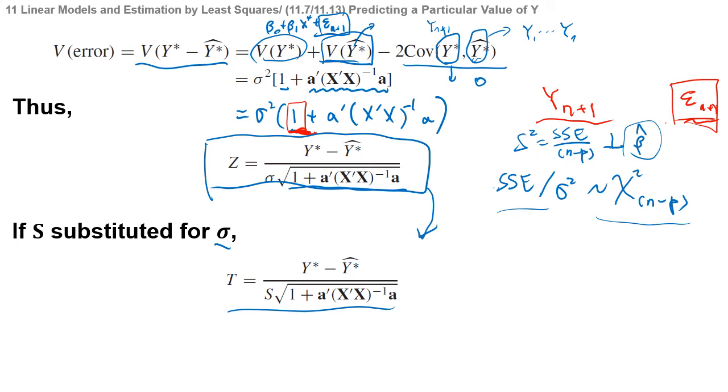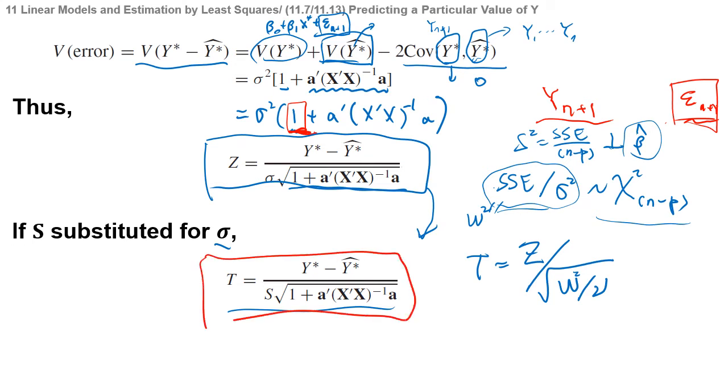And so if you calculate your t as z divided by the square root of w square divided by nu, and let your w square be this thing, then you are going to get this t distribution.